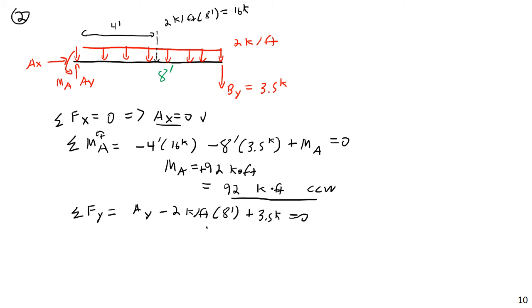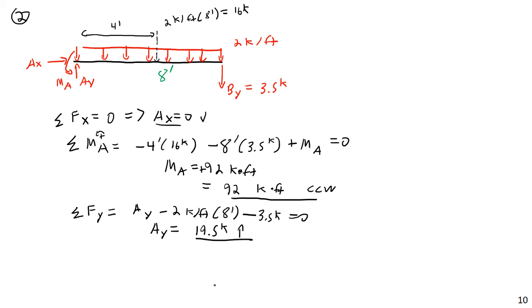Not plus, minus, this is acting downward. So if I do a little algebra, I get that AY is equal to 19.5 kips upward.